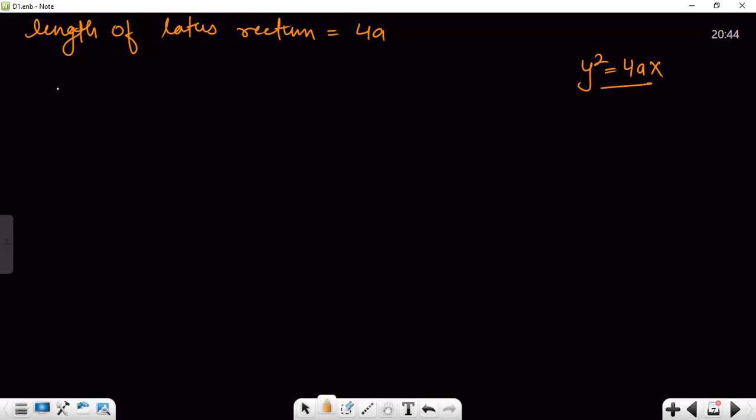The equation of the latus rectum, because the latus rectum is a straight line passing parallel to the y-axis, is x equals a. This is the equation of the latus rectum.